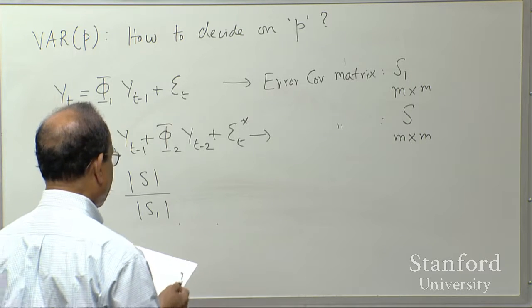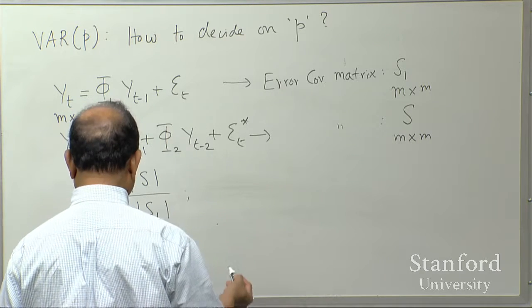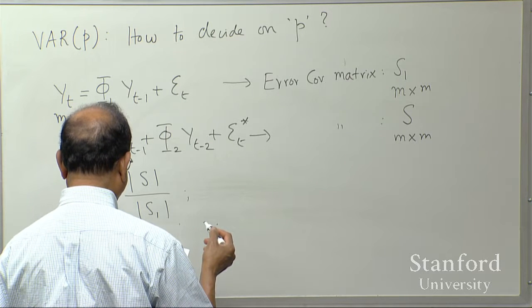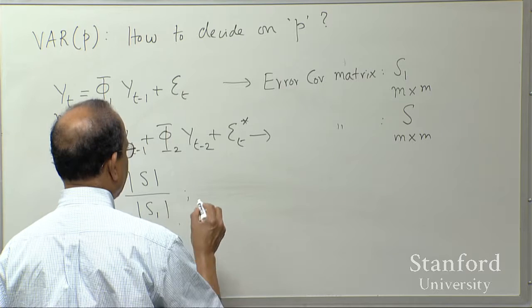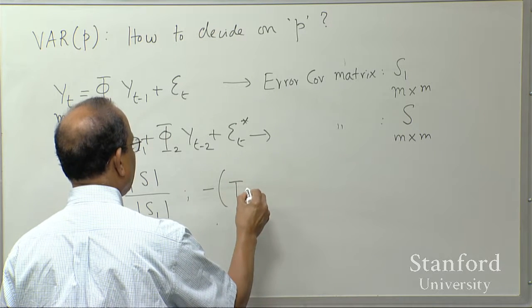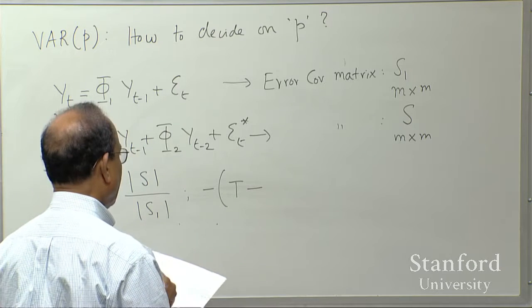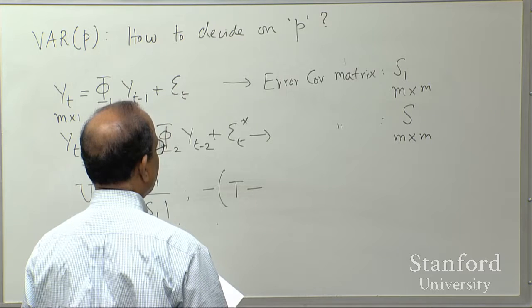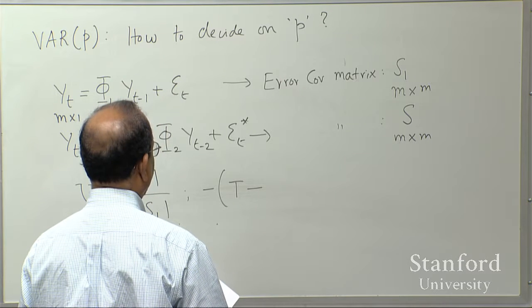So for that reason, I'm going to write it as the following. Roughly, this is the idea that you should use: if there are T observations minus the difference in the number of parameters that gets used.